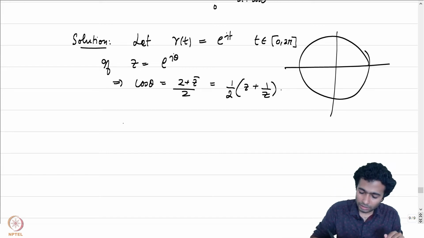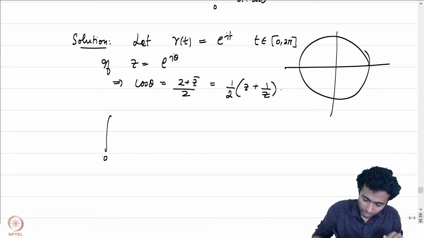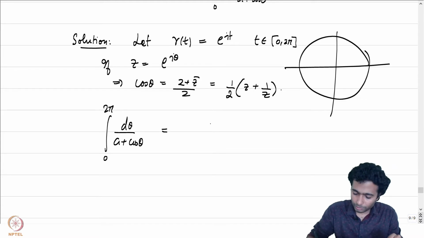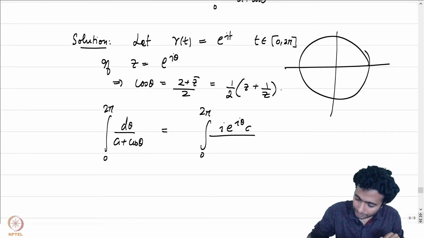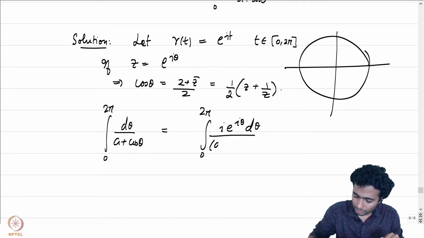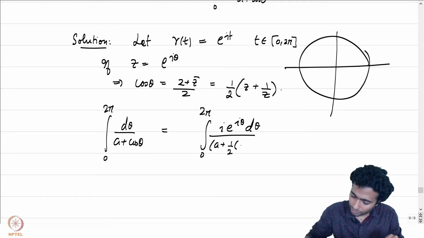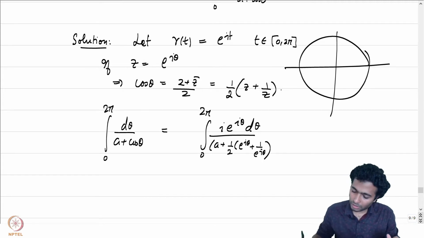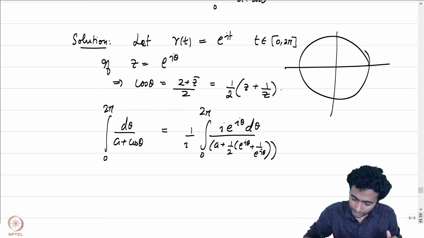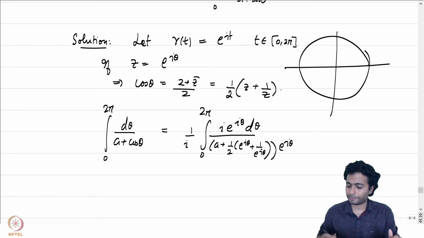And now let us write down our integral. It is the integral from 0 to 2 pi of d theta by a plus cos theta. This is equal to the integral from 0 to 2 pi. Let me just introduce an e to the power i theta in the numerator and the denominator, and this is going to be a plus half of e to the power i theta plus 1 by e to the power i theta, which is z bar, the whole divided by, I will take the i out, and there is an e to the power i theta here.